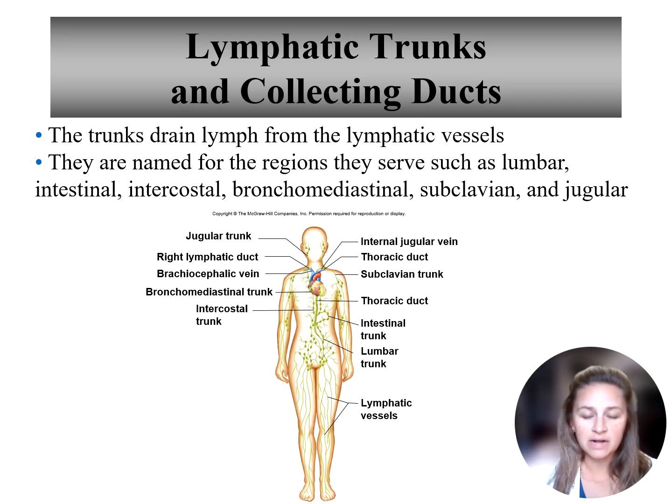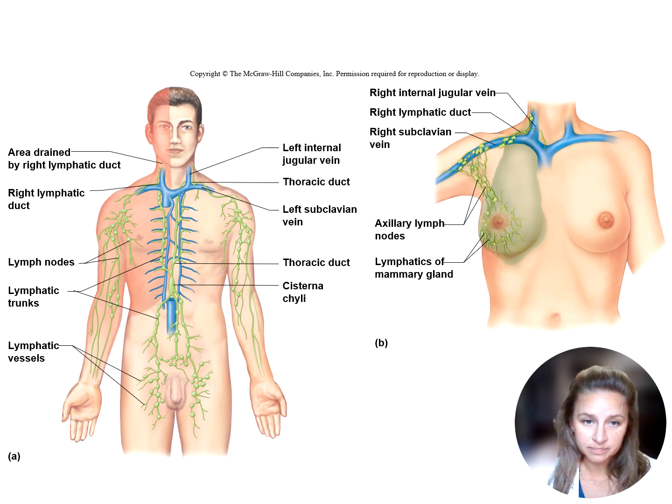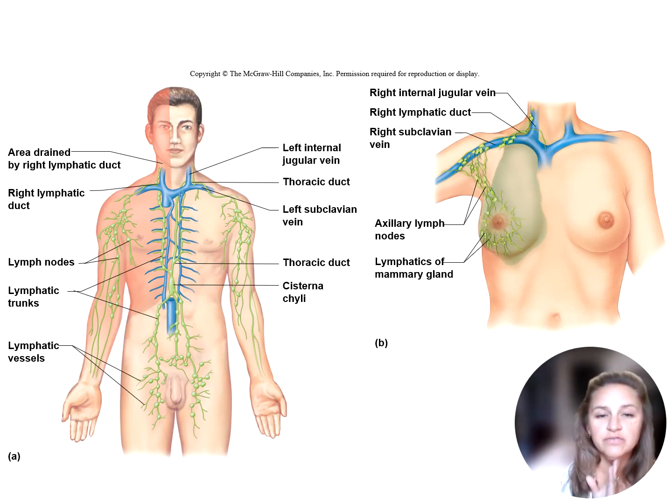So kind of all around the body, you have these lymphatic trunks that drain from the lymph nodes. So this is showing here the area that is being drained by this right lymphatic duct. So this right lymphatic duct, the lymph nodes in the trunk, and the lymphatic vessels. So different areas of the body will drain into different ducts or trunks.